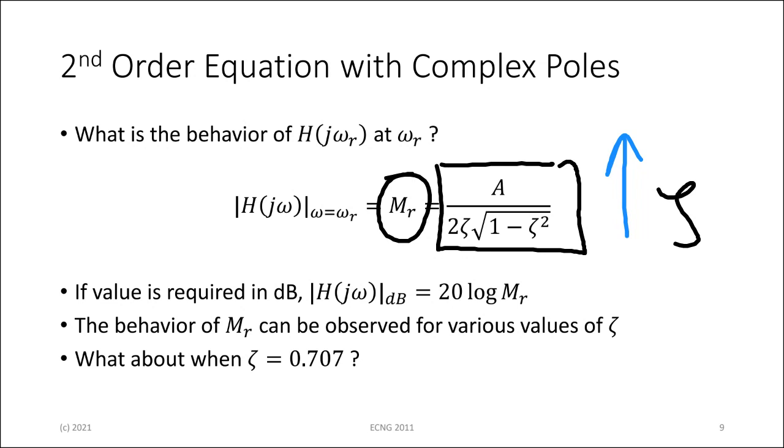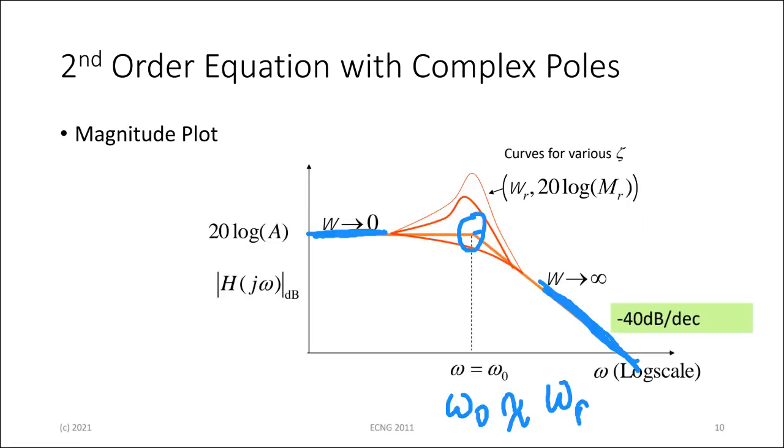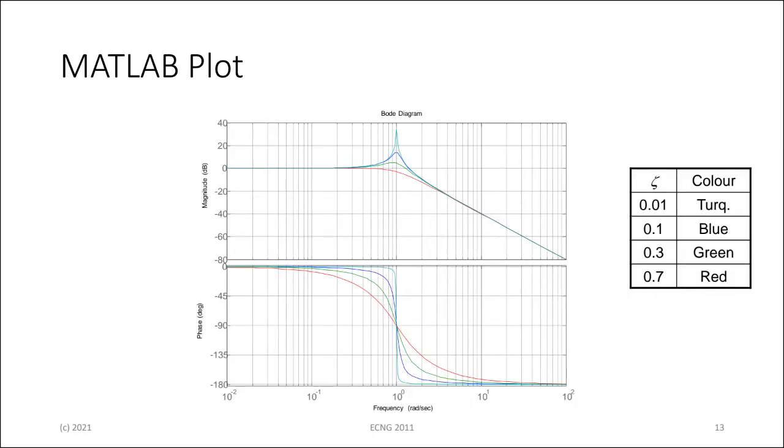So at that point, if you were to plot it, you're going to get something looking like this. Let me just zoom that a little bit. So look at the values of it.